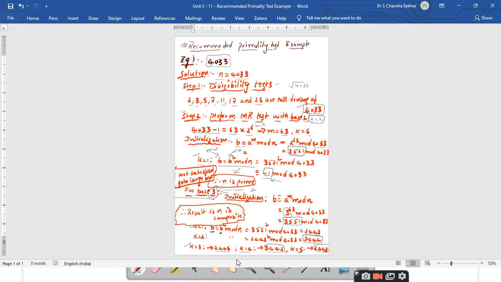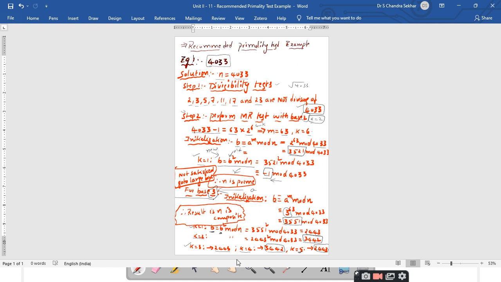Divisibility algorithm and AKS algorithm. AKS, right. And what are the algorithms that we have discussed under the probabilistic concept? Rabin-Miller algorithm. Okay, one important algorithm that we have discussed is Rabin-Miller, right? And what is the second algorithm that we have discussed in today's session? Recommended primality testing. Okay, recommended primality testing.